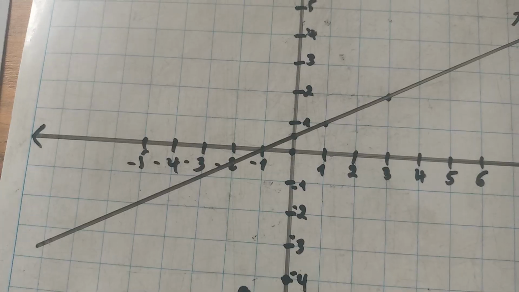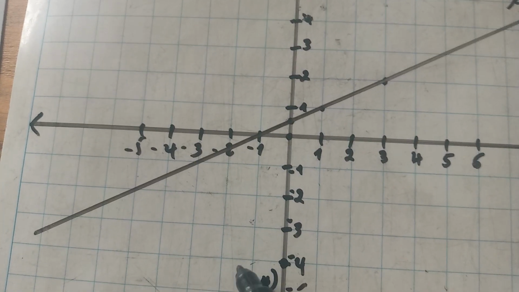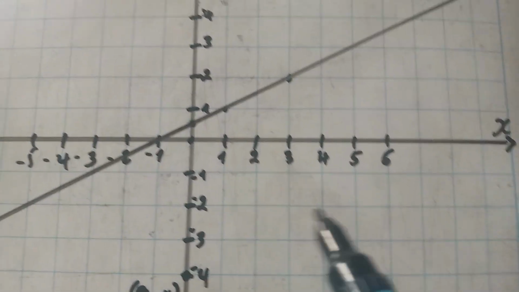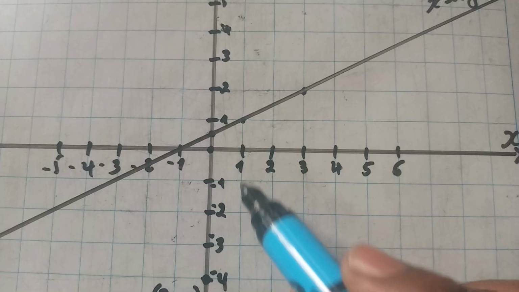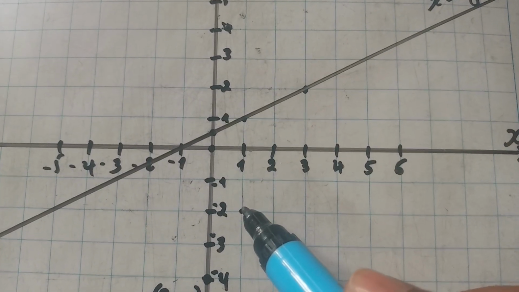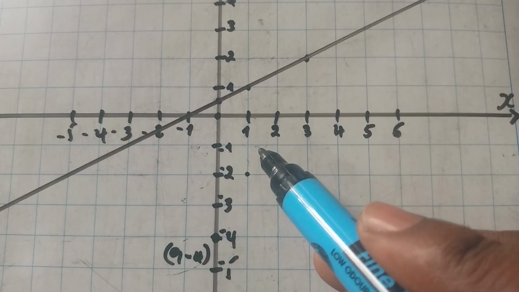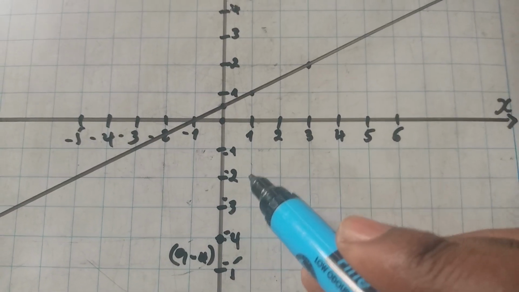This is the point 0 and -4. Another point here is 1 and -2. Here we have 1 and -2. It's coming here.